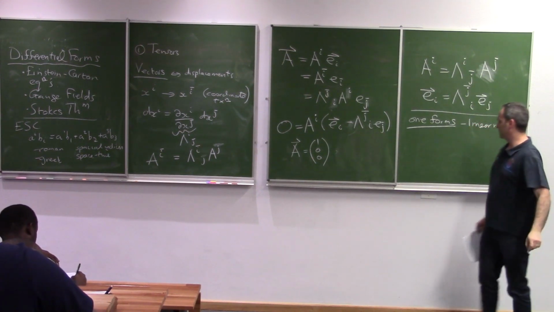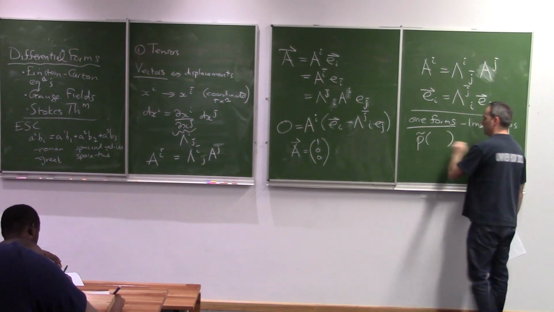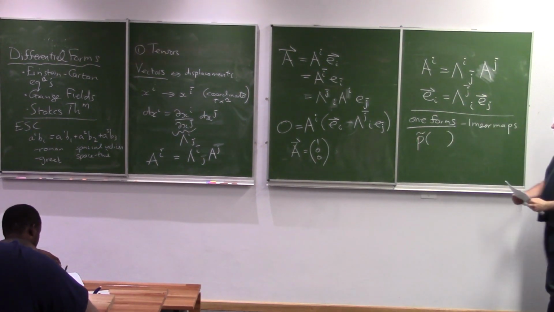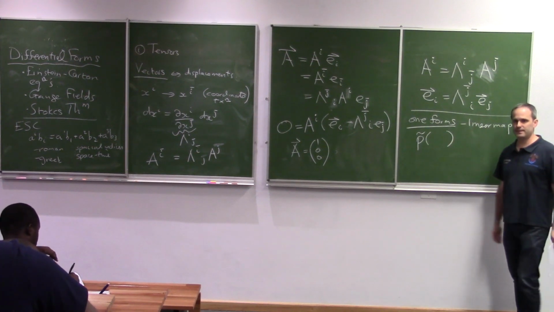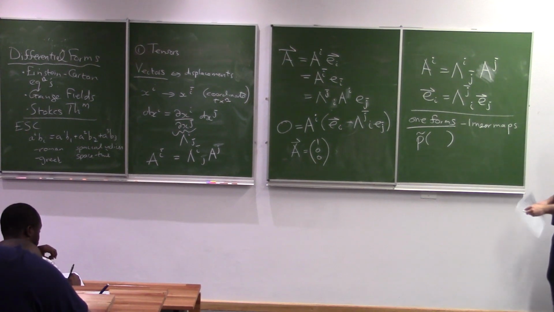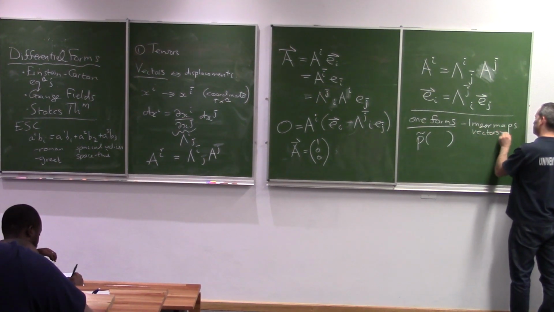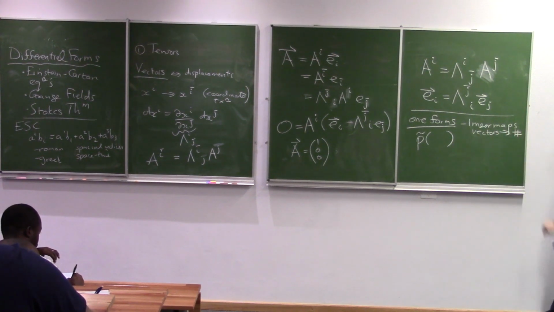Okay. So I'll write a one form like this, and I write it with an empty space there. That's because it's a map which takes something, and it's a linear map which maps vectors to numbers.